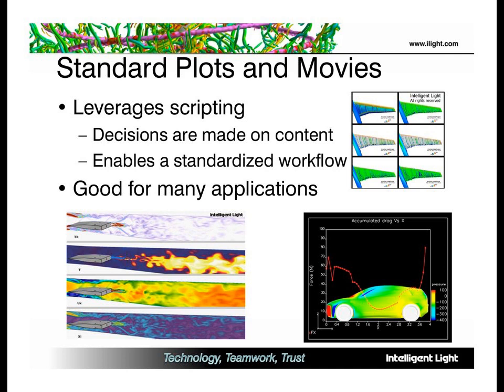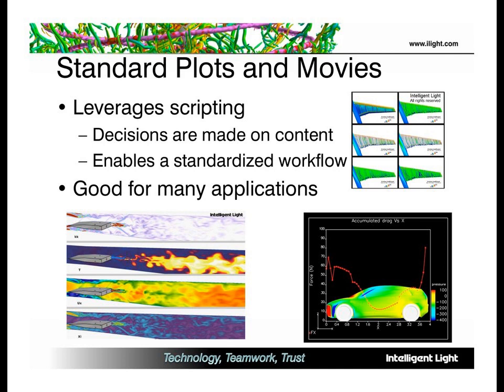And by enabling a standardized workflow, it lets you encapsulate knowledge from, say, a methods group and distribute that to others. So practitioners can decide these are the kind of views or cuts or variables or isosurfaces, what have you, that are important to represent a solution, and then that becomes propagated throughout your organization.